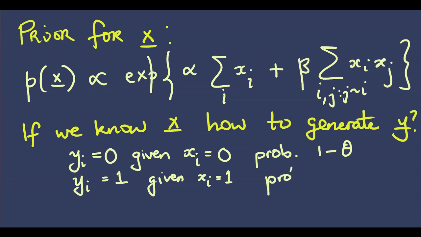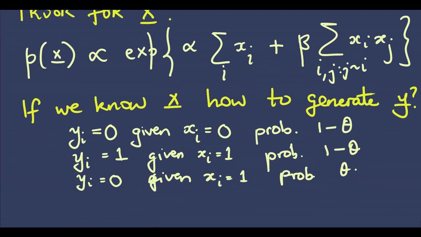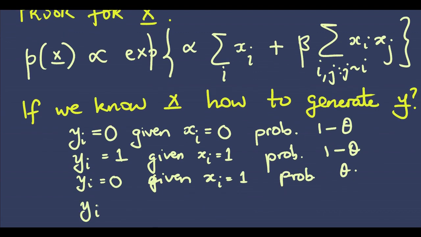Also, if the pixel wasn't flipped, and then we have the remaining two where the pixel is flipped, right? So we have yi equal to 0, but xi was actually equal to 1, and that would happen with probability theta. And similarly, we have yi equal to 1 given xi equal to 0, and that would happen with probability theta.